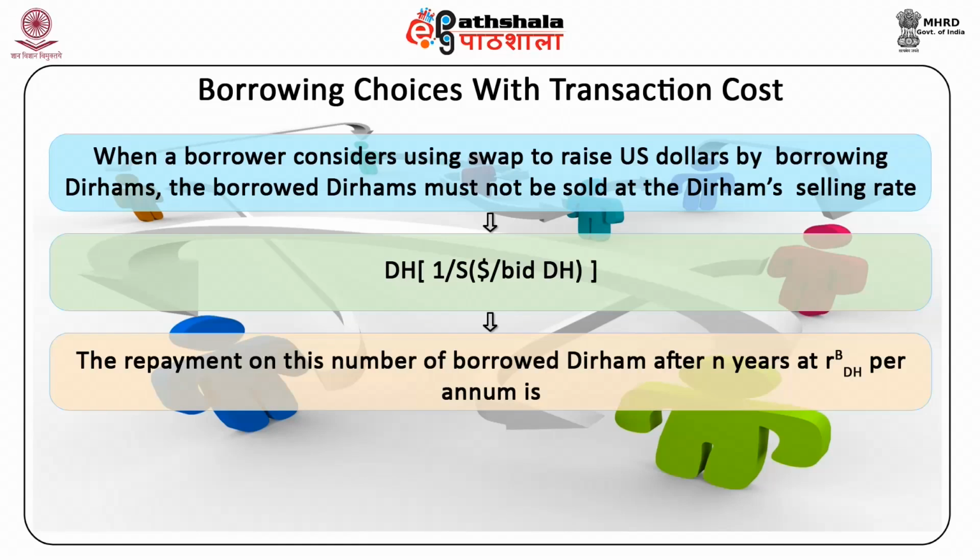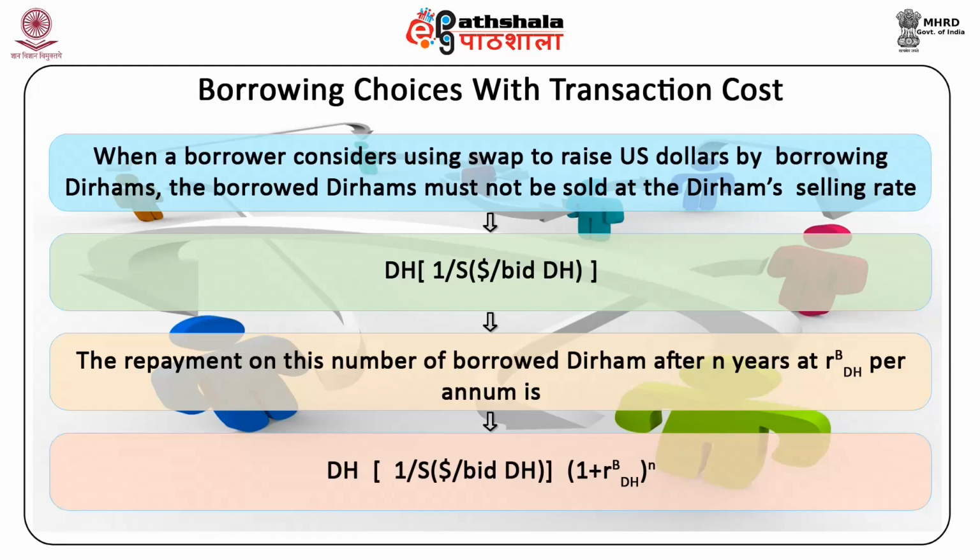The repayment on this number of borrowed dirham after n years at R dirham per annum is dirham 1 by the spot rate of dollar per bid rate of dirham, times 1 plus the borrowed rate of dirham, whole raised to the power n.